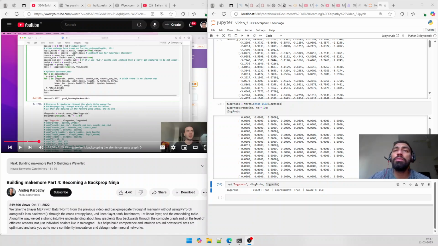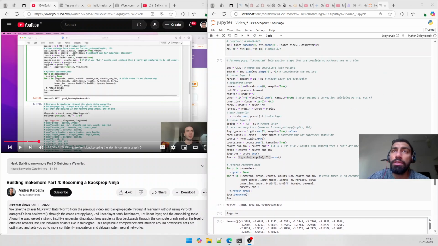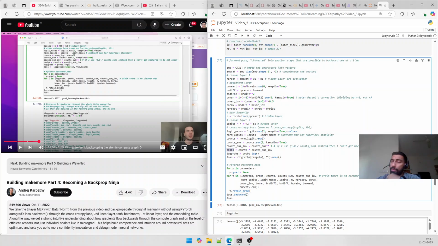So that was d loss by d log probs. Next is d loss by d probs. This is the function it does.